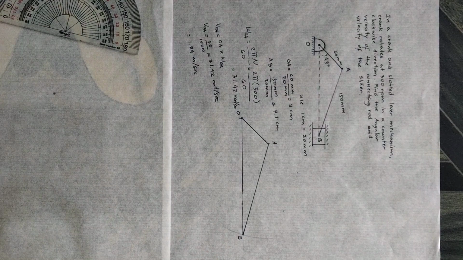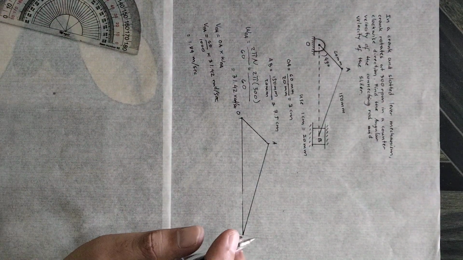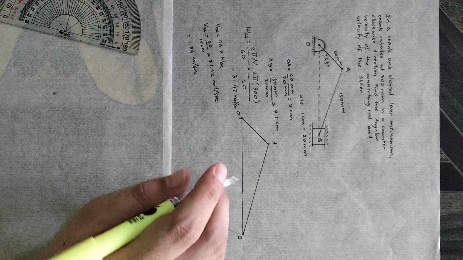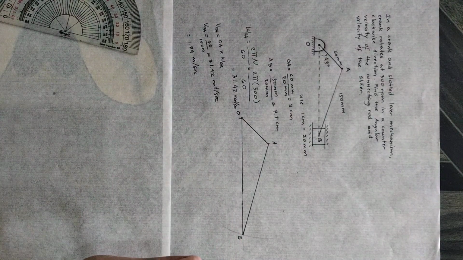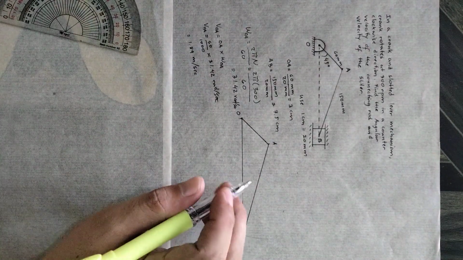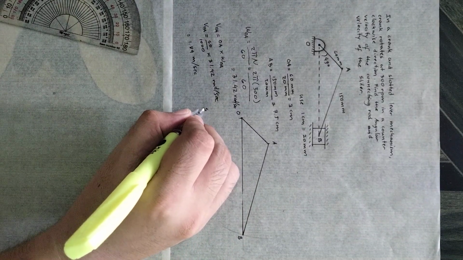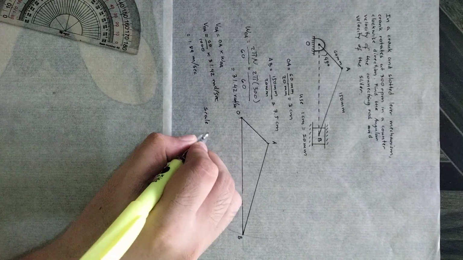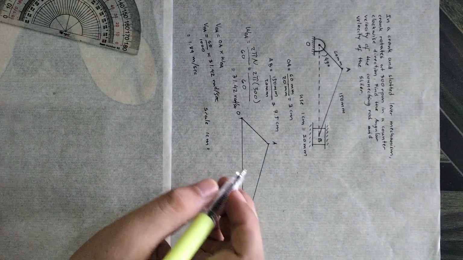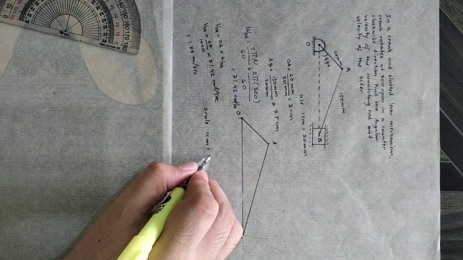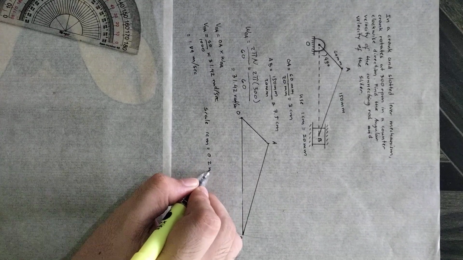But before we can draw that, we need to set another scale so that we can draw our vector diagram. So let's stick with our previous example, that the scale is 1 centimeter equal to 0.2 meter per second.